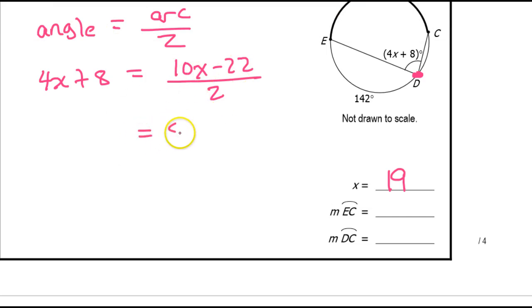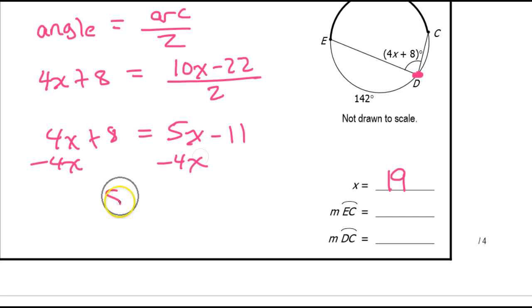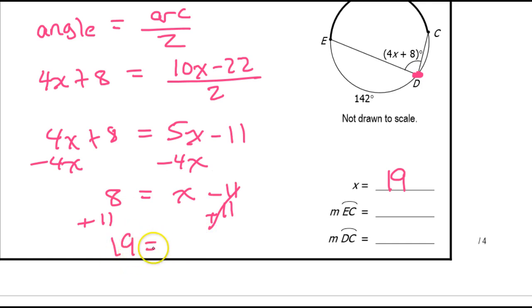So that would give me 5x minus 11. And then I would have subtracted 4x from both sides, and then I would have had 8 is equal to x minus 11, and then I would have added 11 to both sides, and I would have gotten 19 is equal to x. So you're going to get the same thing either way.